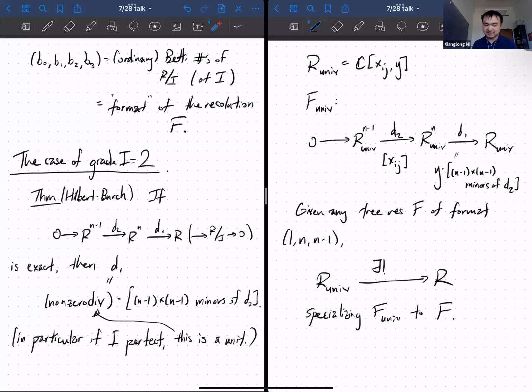The existence of this map can be interpreted as giving a structure theorem for these resolutions of format 1, n, n-1.